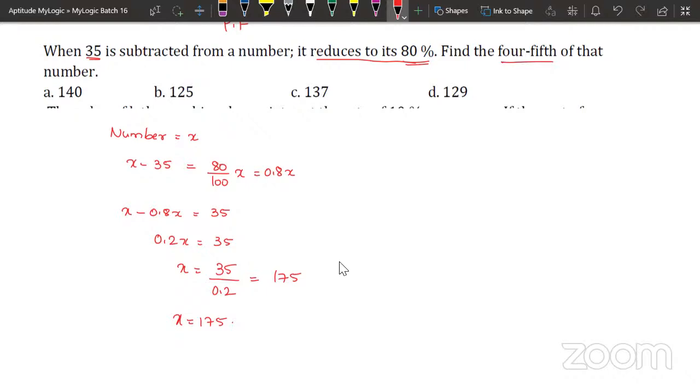They have asked 4/5 of this number, right? So what is 4/5 of x? It is 4 by 5 into 175, which gives you 140. Understood?